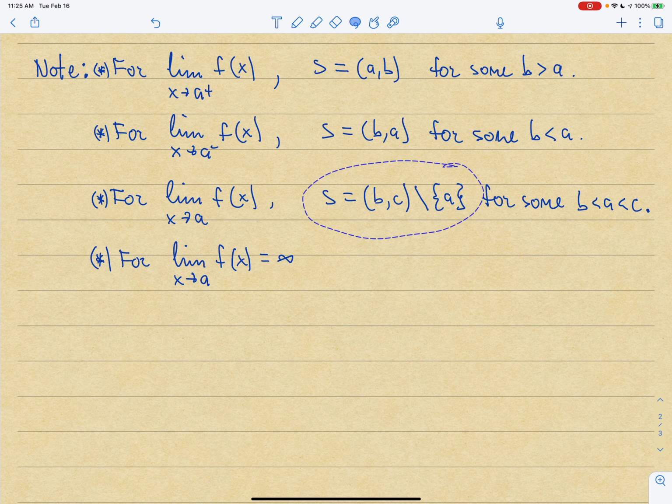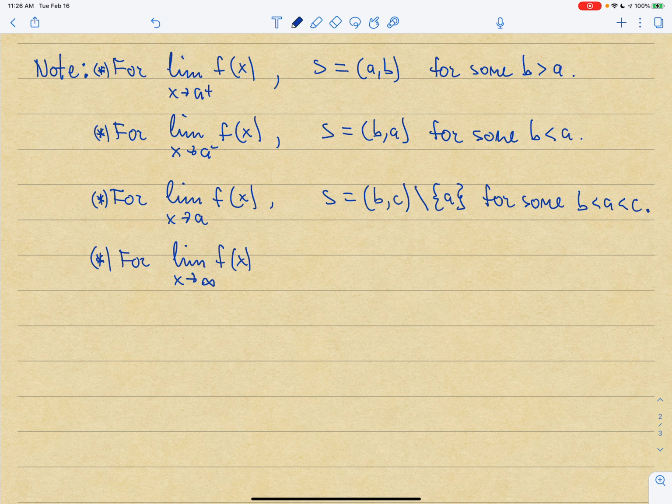So instead, let's look at this one. x goes to infinity, and this limit might be equal to whatever. So what is the appropriate choice of S in this case?